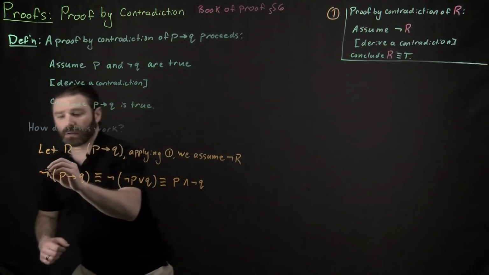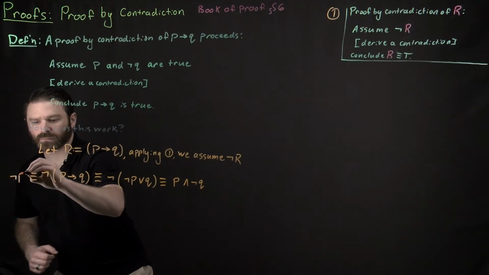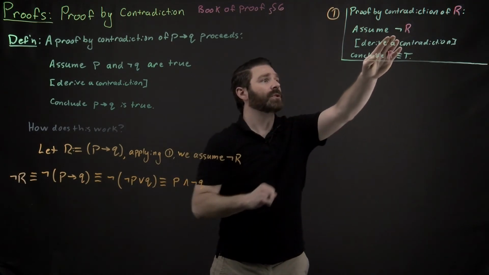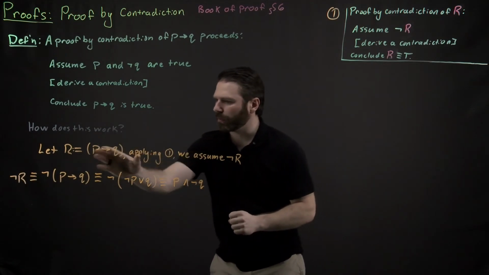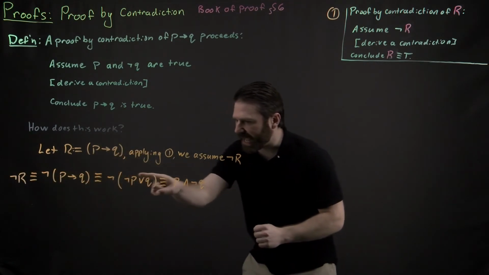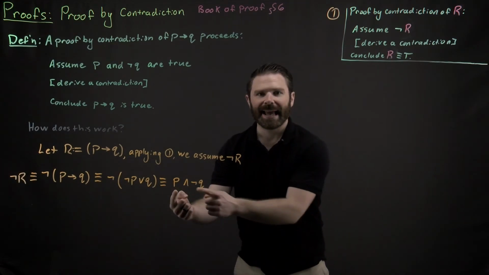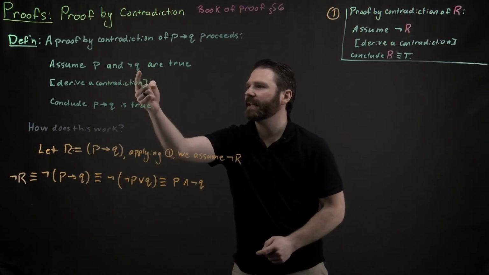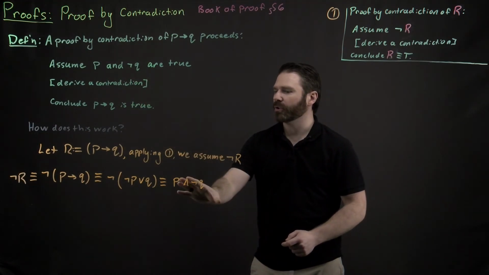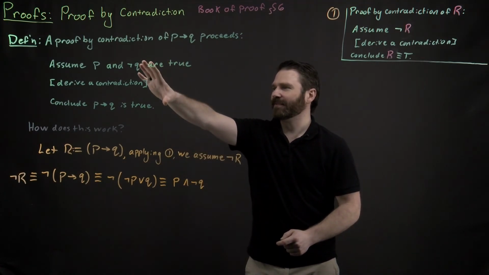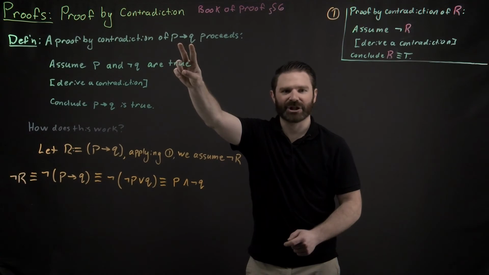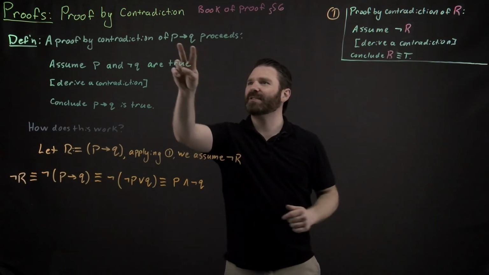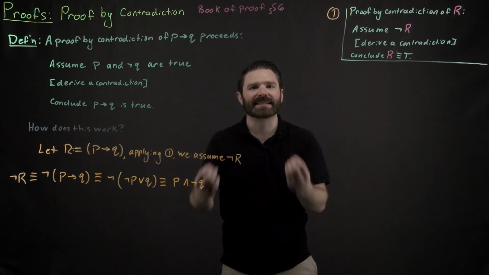So with this proof by contradiction technique 1 right here, I had to assume not R. Well, if R was my implication, you notice that that is exactly logically equivalent to P and not Q. So all we're doing for this different flavor of a proof technique using an implication is going back to this flavor of a proof technique, and instead of treating this as an implication, we treat it as just a single statement.